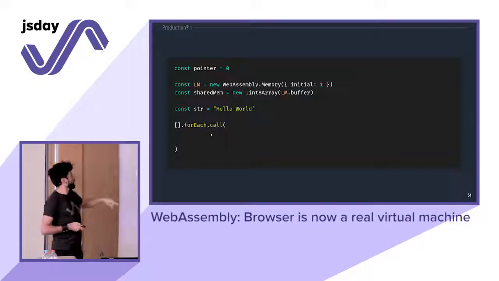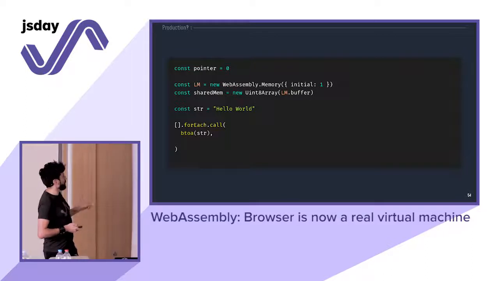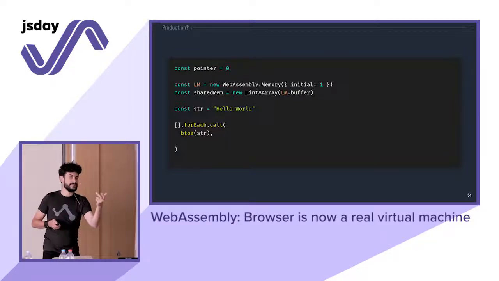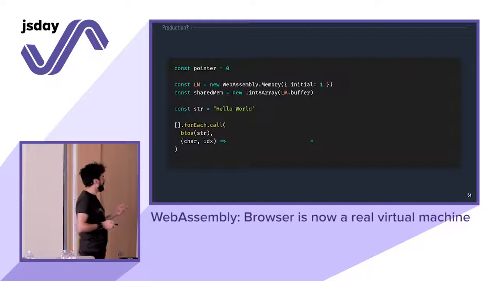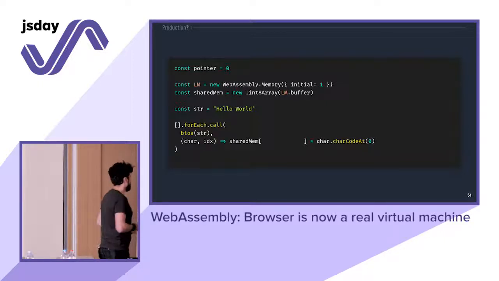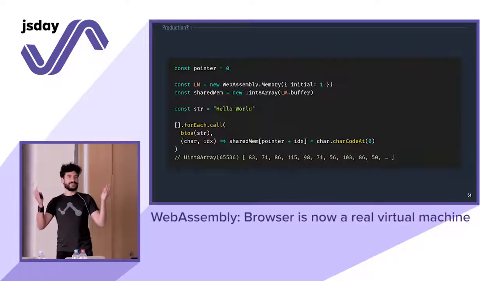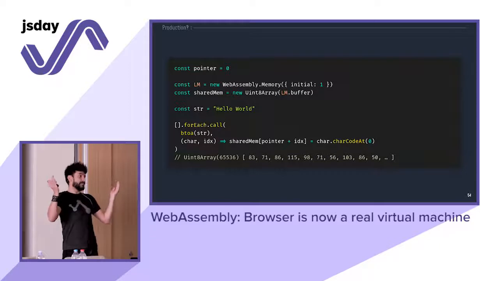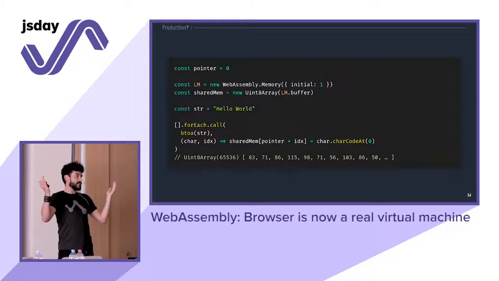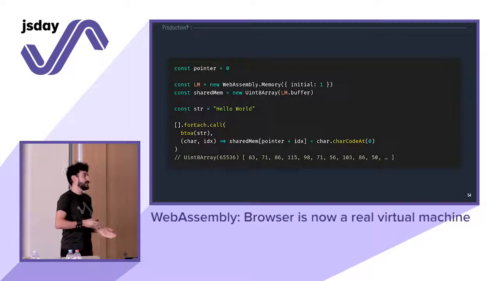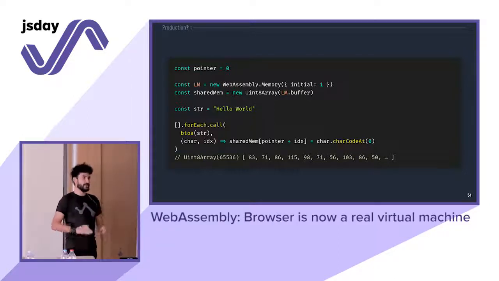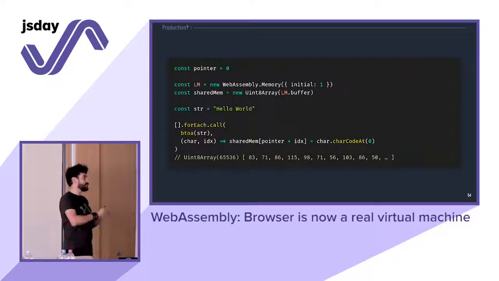And for each character of this string, you're just converting it from its binary form and iterating over it to put the char code itself inside your shared memory from the pointer. And you've got a shared memory. This is a RAM emulation directly in your JavaScript. And you can share data between JavaScript and WebAssembly. Is that easy? No. Is that pretty useful?